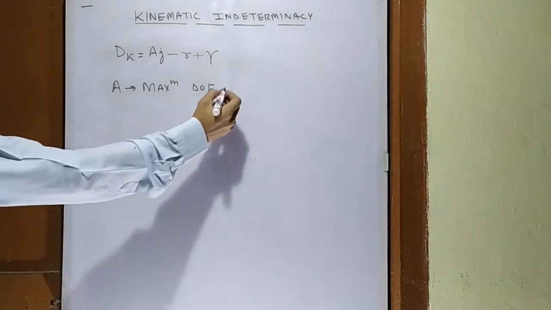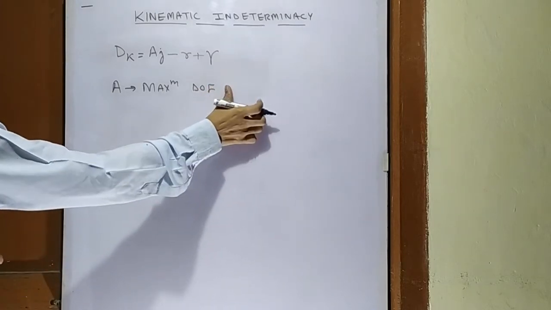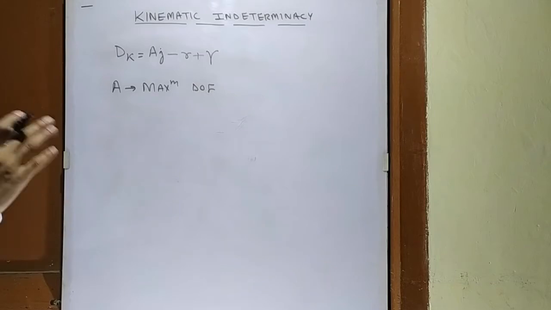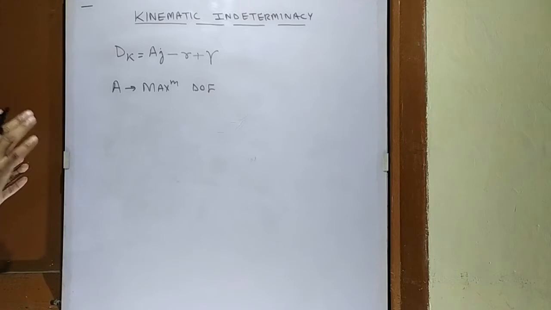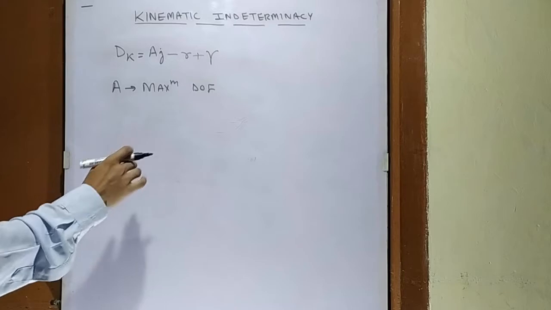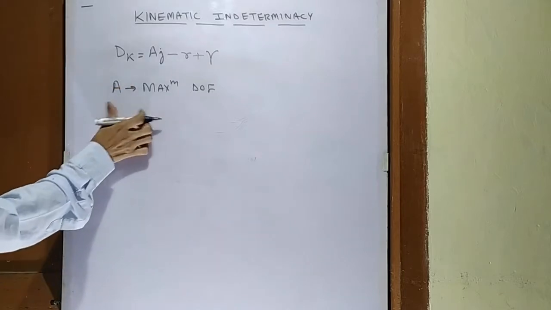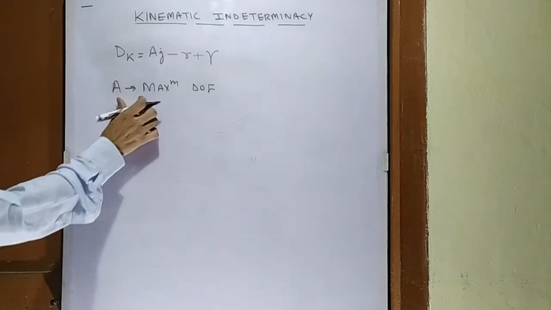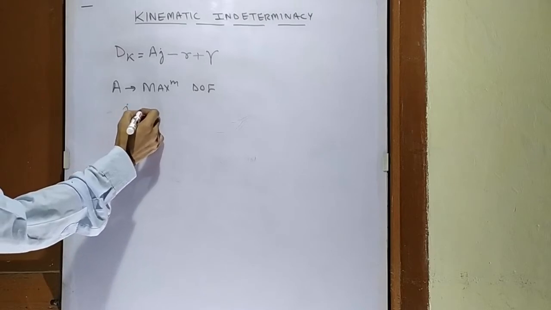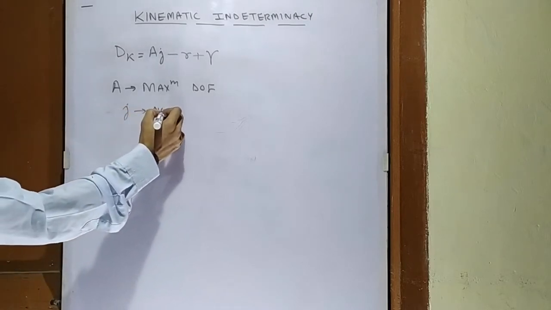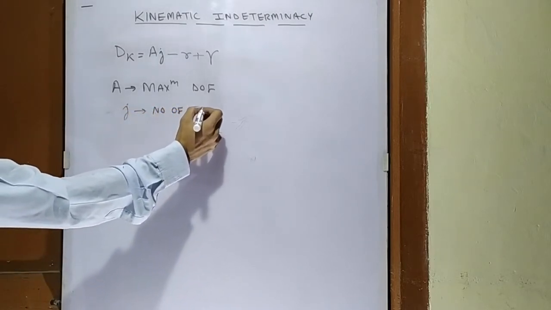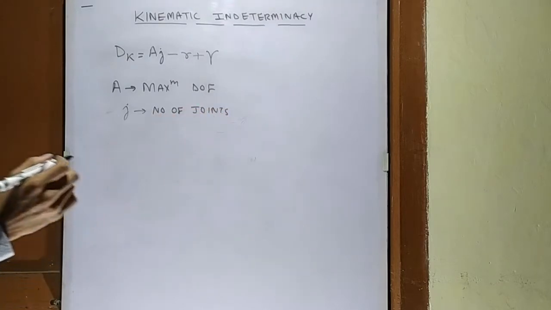What does it mean? It means that in a structure, I just want to find out how many degrees of freedom a joint can have in that structure. We will understand what this is. And what is J? J is very simple. J is the number of joints.